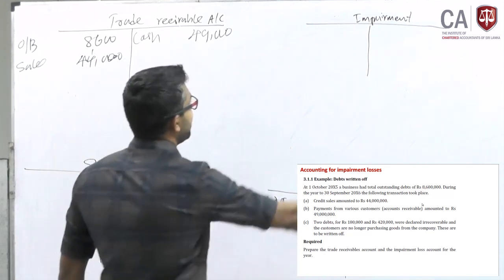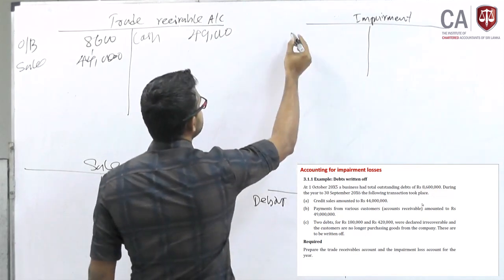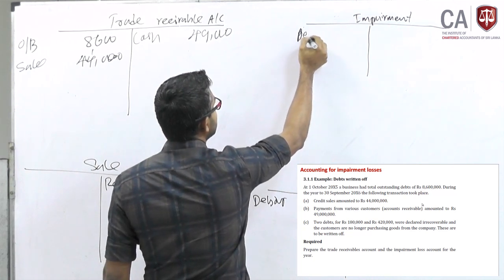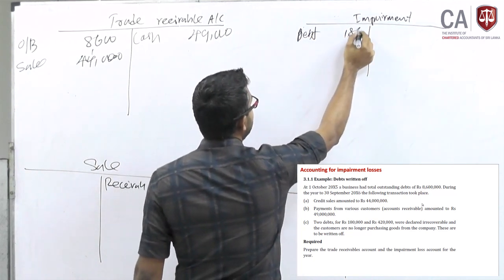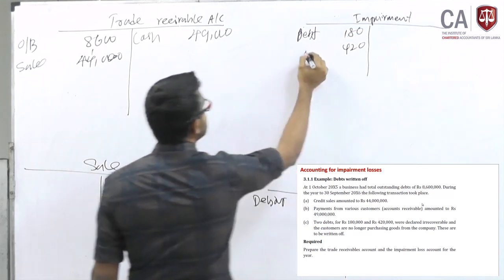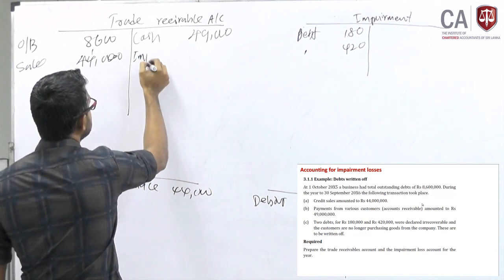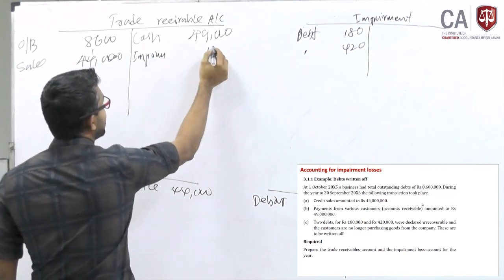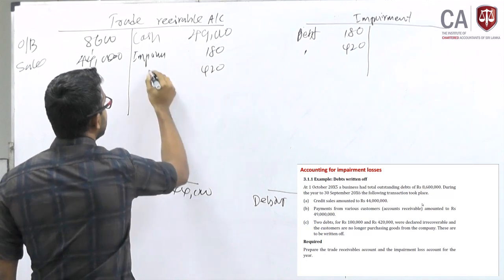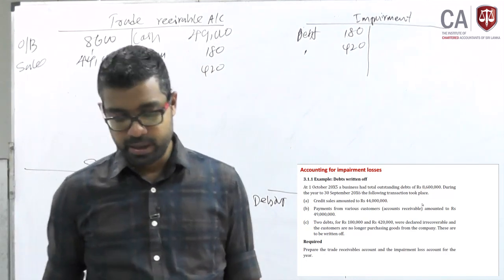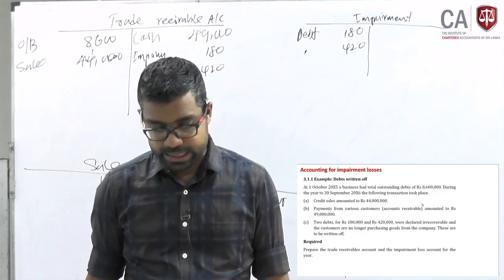Impairment: debit impairment, credit debtor, 180 and 420. The impairment double entry is that: impairment account debit, debtor credit.